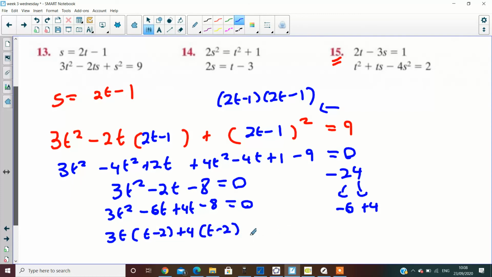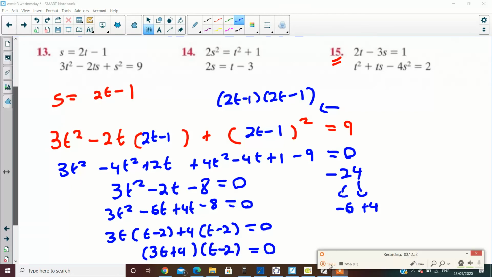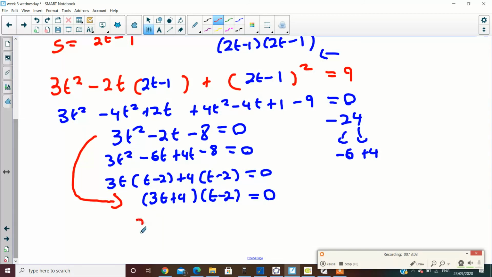Then you just get 3t plus 4 and t minus 2. For some of you, you will go direct from here to here. If you get it right nearly all the time, fair enough. Okay, your call. Now, 3t equals minus 4, t equals minus 4 over 3, t equals 2.